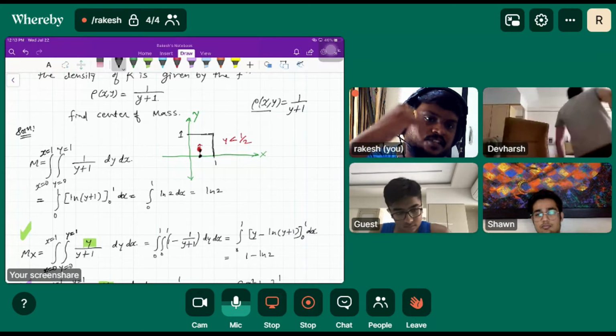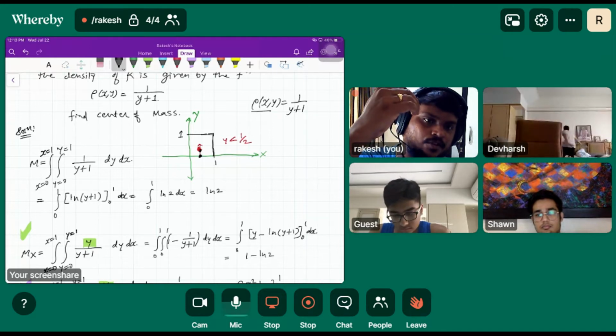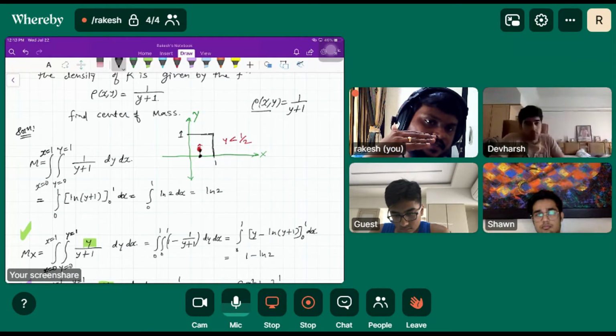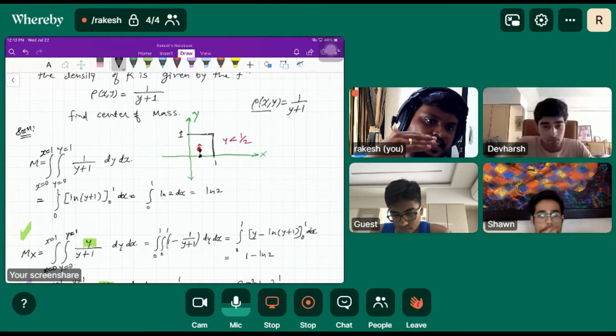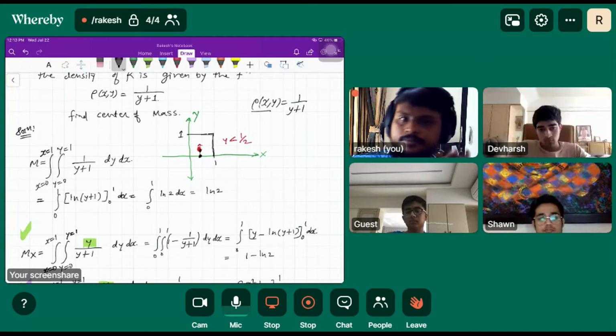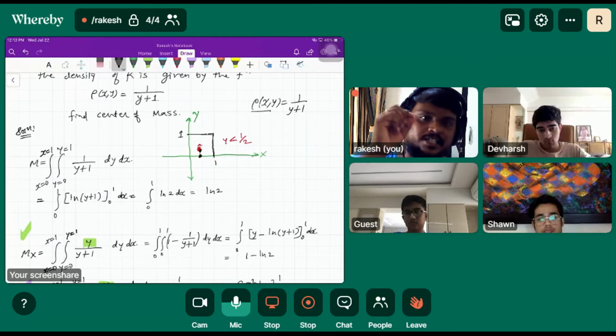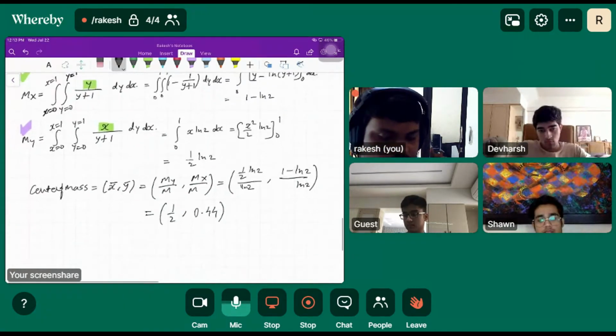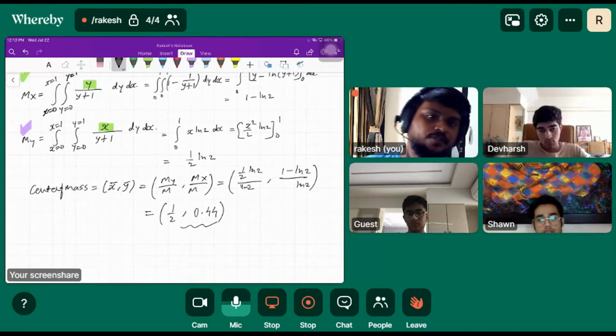As the mass density function decreases, obviously the center of mass is near the x-axis only, right? It won't be the center of this object. So as we already proposed, the y coordinate of the center of mass is less than half, less than 0.5.